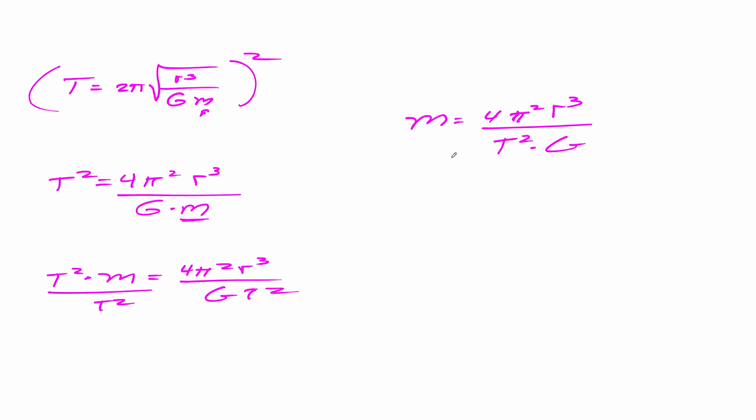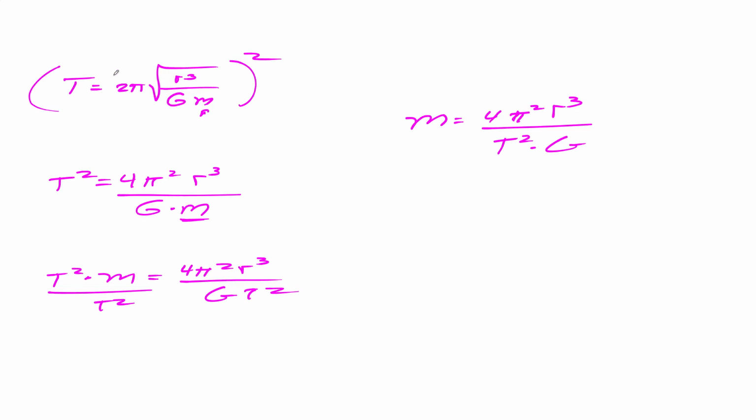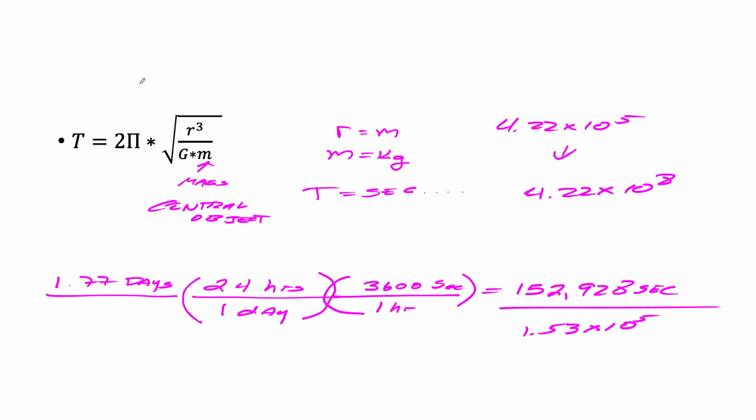Now let's put the numbers in. I'm going to go to the next slide so we have a little bit more room. So our mass is equal to 4 pi squared. Now R is that big number, 4.22 times 10 to the 8th, and we're going to cube this.